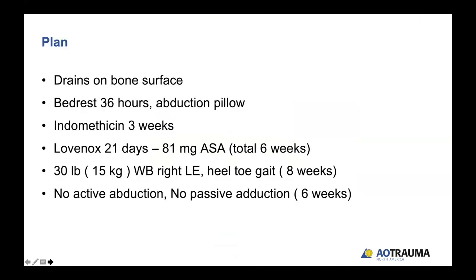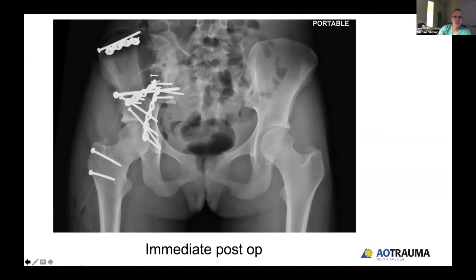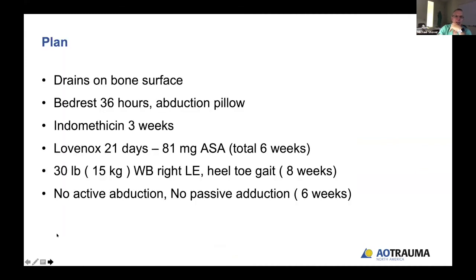So here are the post-operative x-rays. My immediate post-op plan is that I always drain the flap with the extended iliofemoral until the fluid levels are quite low, actually less than 30 a shift. I keep them in bed for 36 hours with an abduction pillow to allow the flap to calm down.